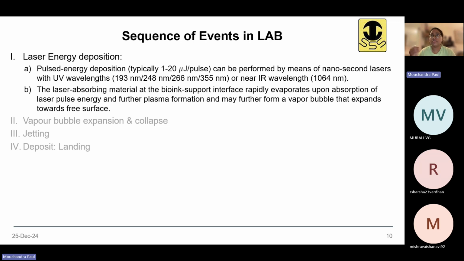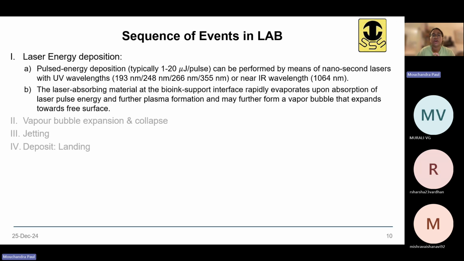The molecules in the laser absorbing material get excited and basically start moving and evaporate here. It means they gain a lot of kinetic energy upon absorption of this laser energy.